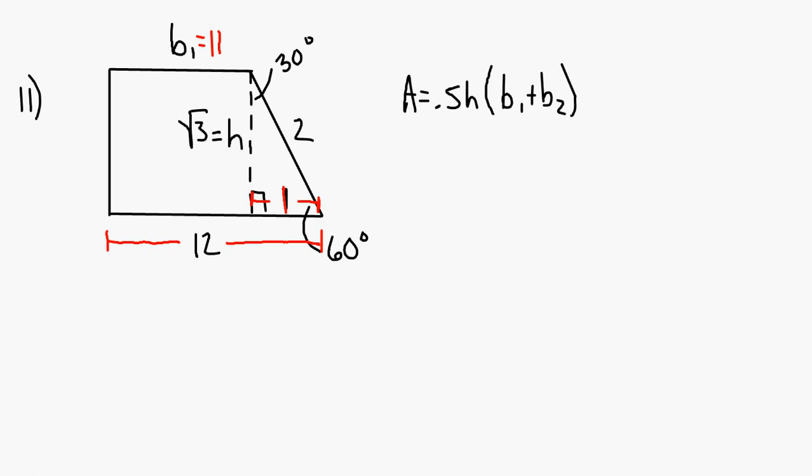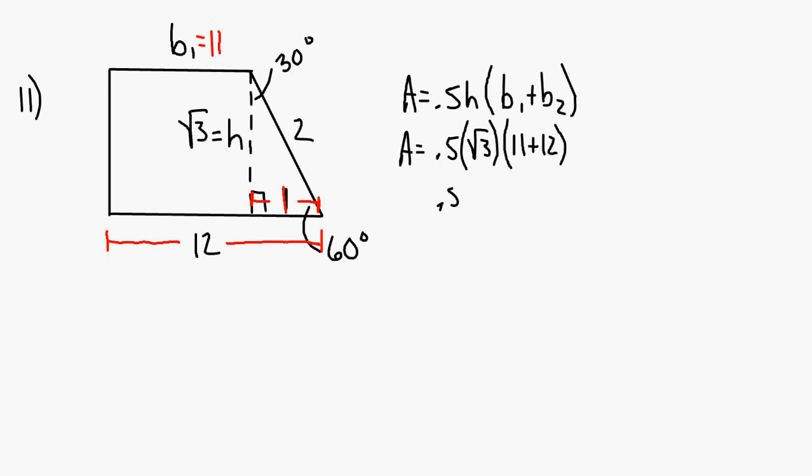So now you've got all your information for the area. So the area is going to be equal to 0.5 times the height, which is the square root of 3, times base 1 plus base 2. That's going to be 11 plus 12.